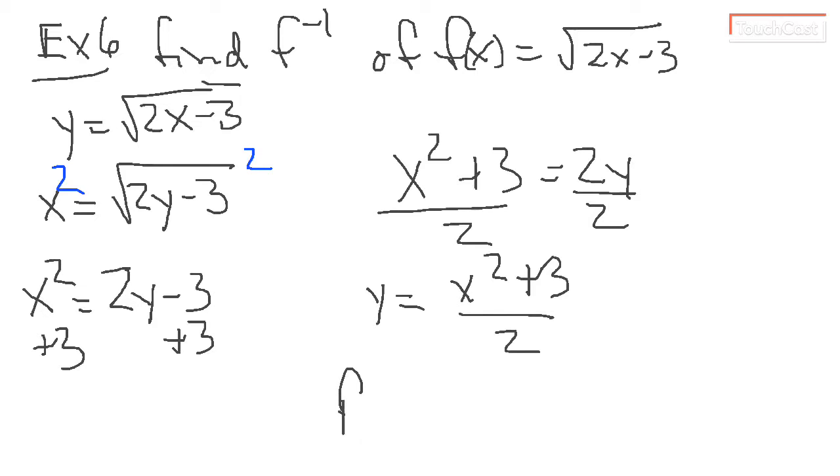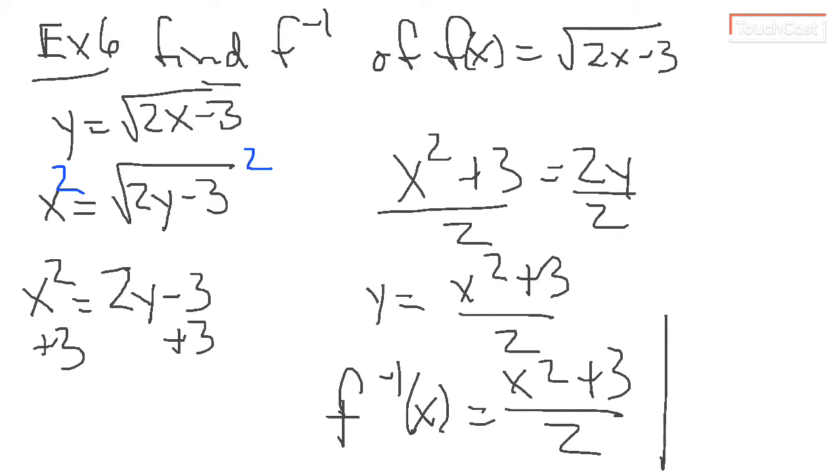So f inverse of x is going to equal (x squared + 3)/2. And again, we're not going to worry so much about finding the composite of f inverse and f. We could do it. It's going to give us x. We're fine.